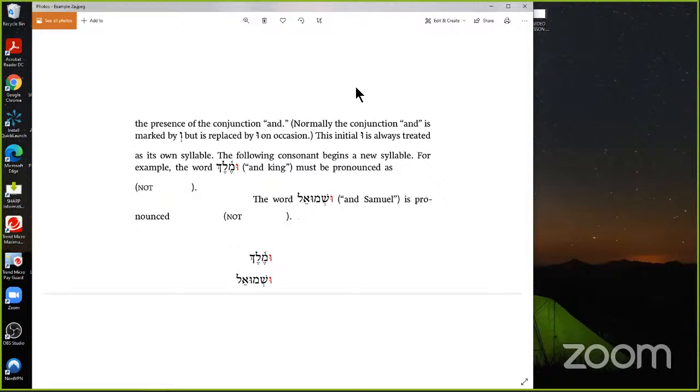Okay, so there's a schwa there. So how does this work? How do you say this whole thing? You say "u Shemuel." Anyone else? Someone says "Ushmuel."